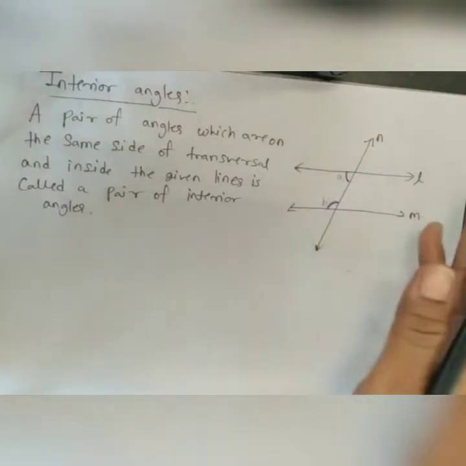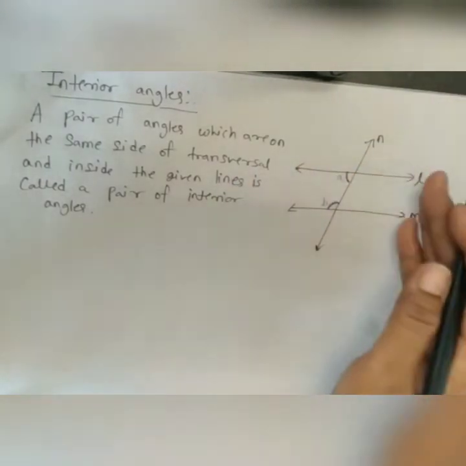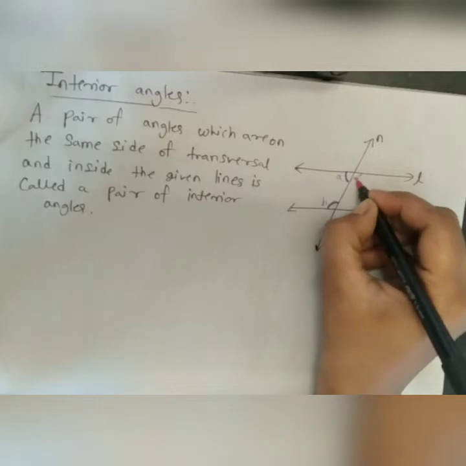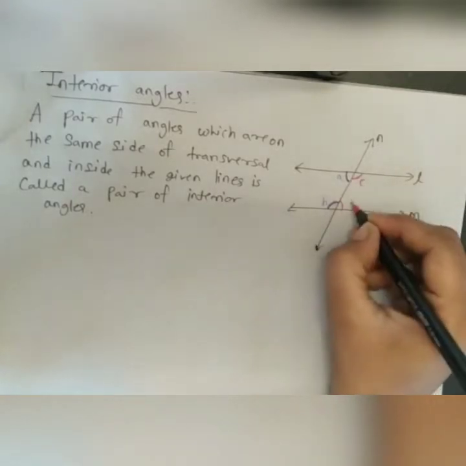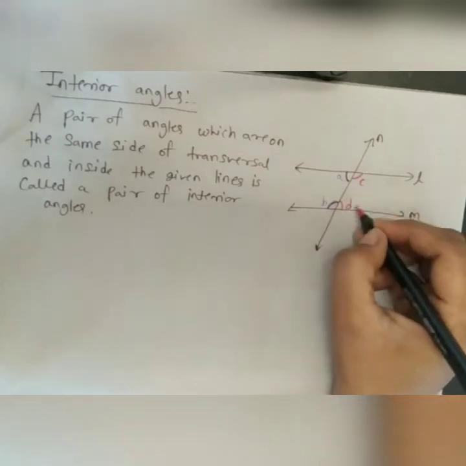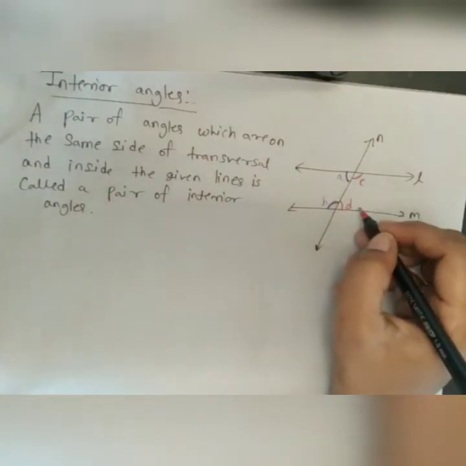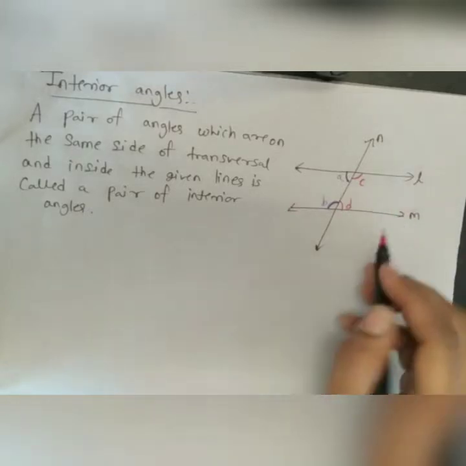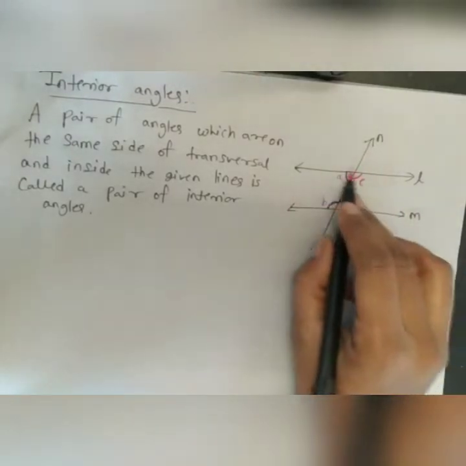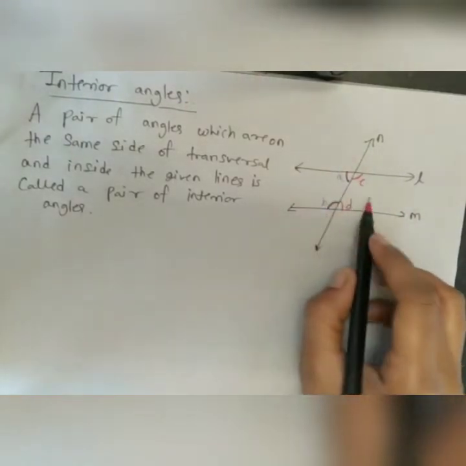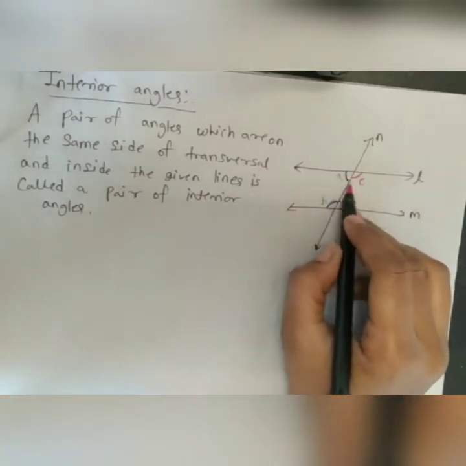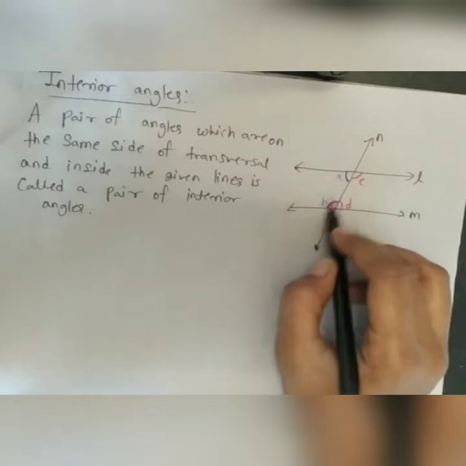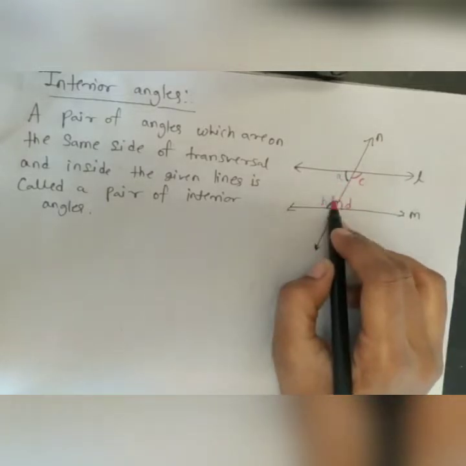Similarly, on the other side, the right side, we have one more pair. Suppose this is angle C, angle D. C and D is a pair of interior angles. Why? Because these angles are inside the given lines.